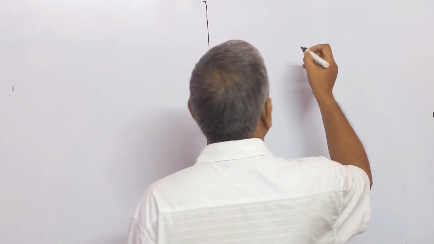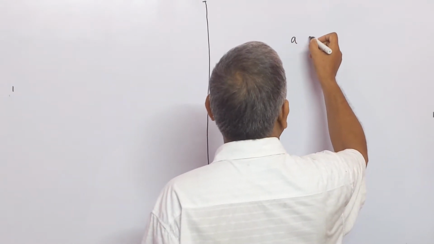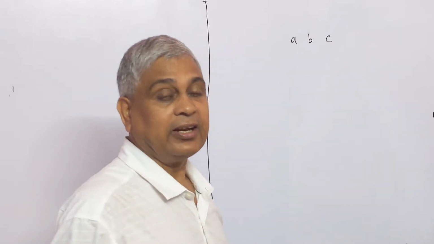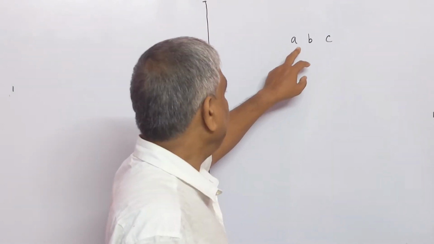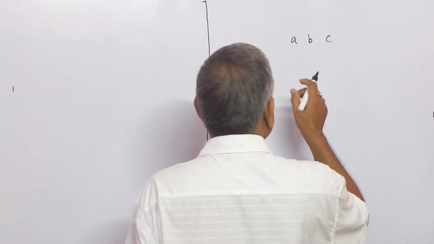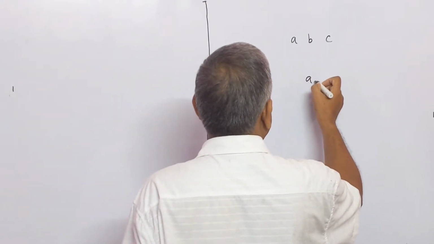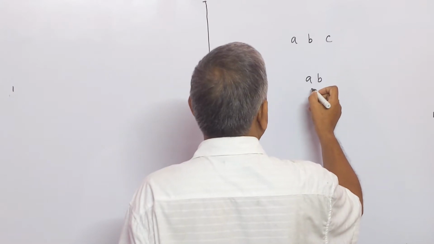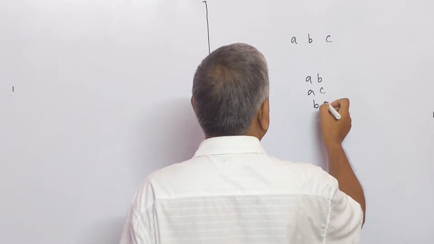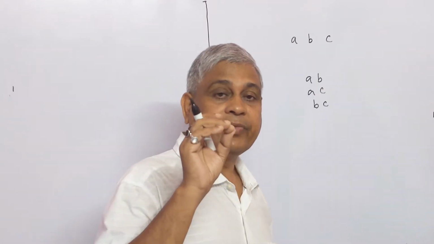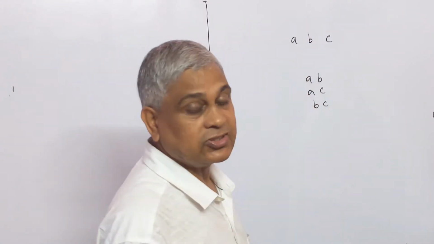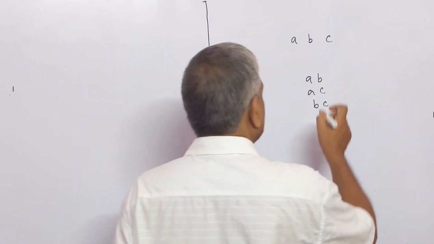We have three letters A, B, C. We have to select two letters from these three letters. We may select AB or AC or BC. Therefore, the number of ways to select two letters from three letters is 3.